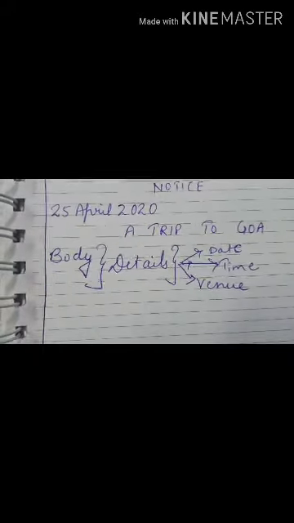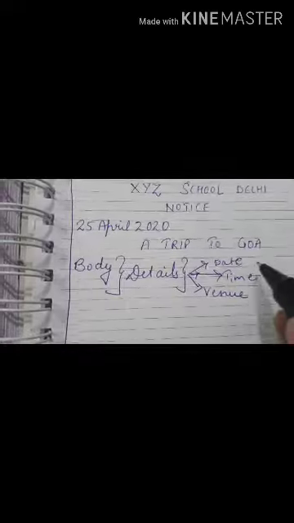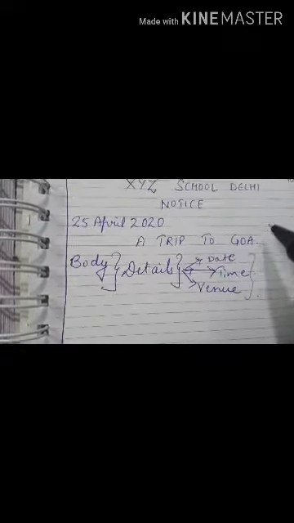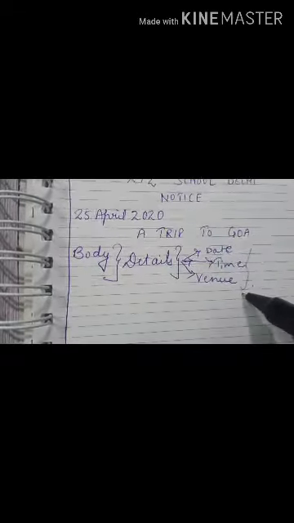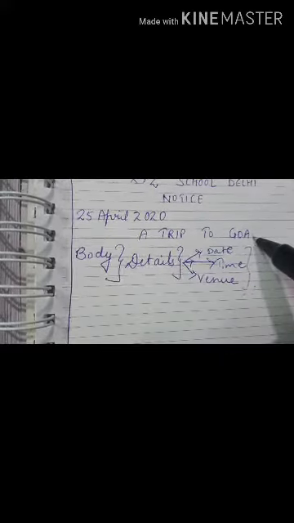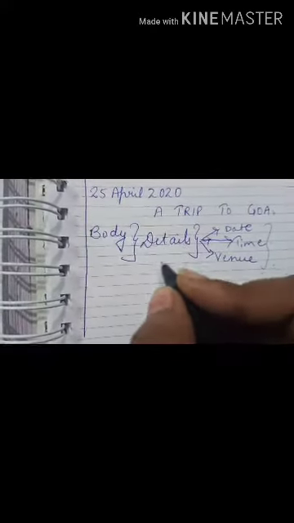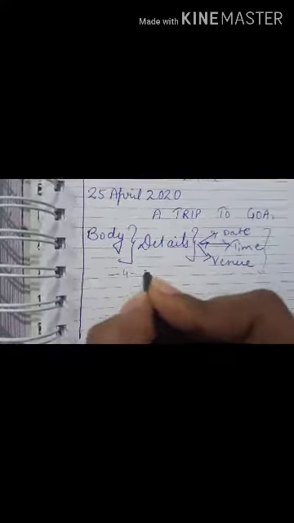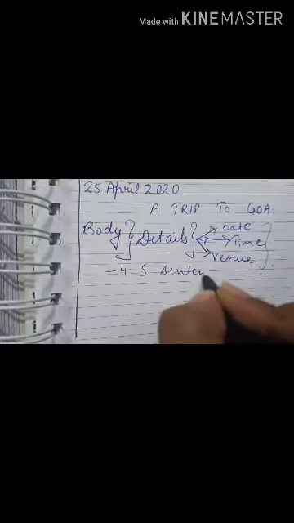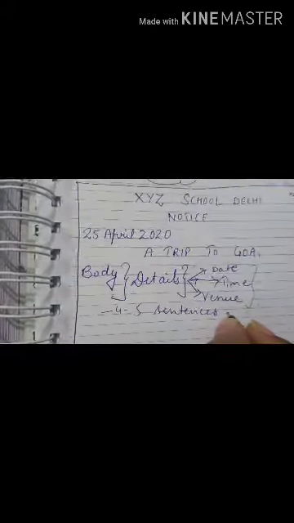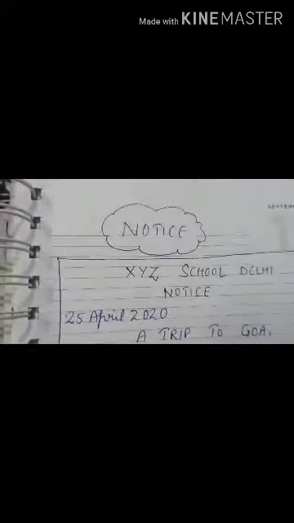So these things we have to mention when we are writing a notice, and these are the details of the topic, that is the heading. Now, I must tell you that this body of the notice consists of 4 to 5 sentences, not more than that, because there is a word limit for writing a notice.